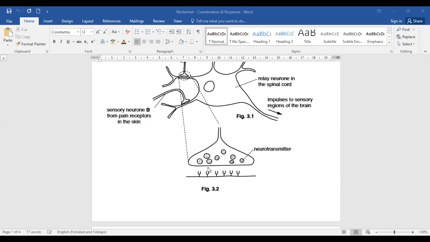Once these chemical transmitters are released, they bind to these receptors on the other side, on the other neuron. When these neurotransmitters bind to them, because they have complementary shape for that, a charge builds up and then an impulse shoots across the other neuron.